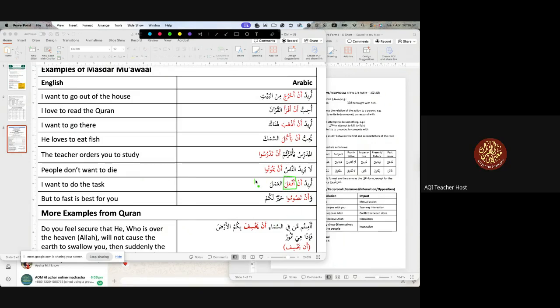Now you tell me why afalu has become afala. Because of the particle an, it changes because of the harf-e nasb action. MashaAllah. So this is an object, a maf'ul, and this is also a maf'ul. Uridu, I want.